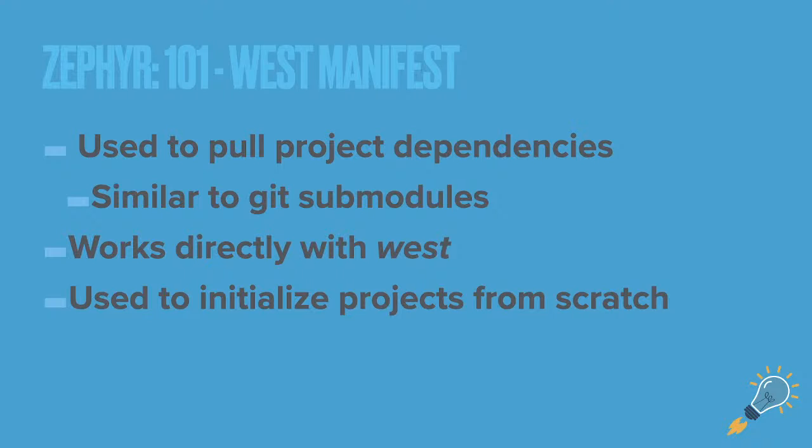So say you have a new developer coming on in your project, you can give them access to the repository, and then have them just do a west init, and it'll pull down the project for them and set everything up. The only thing they need to do on their end is set up the toolchain and Python, of course, beforehand, and things like that.